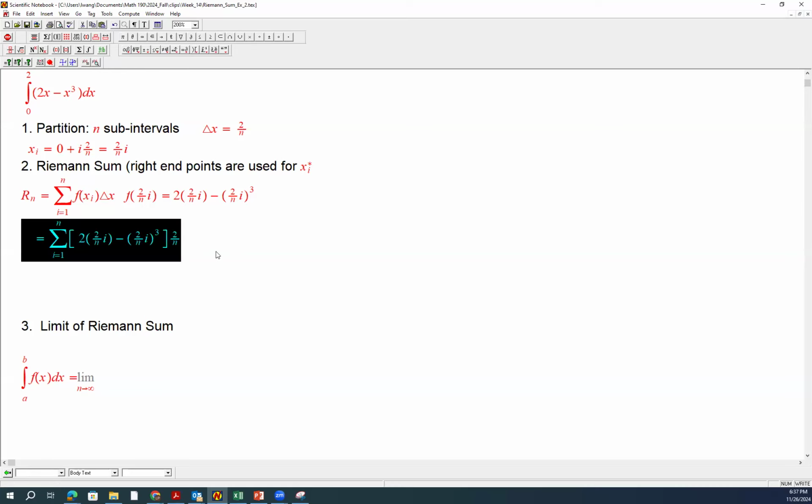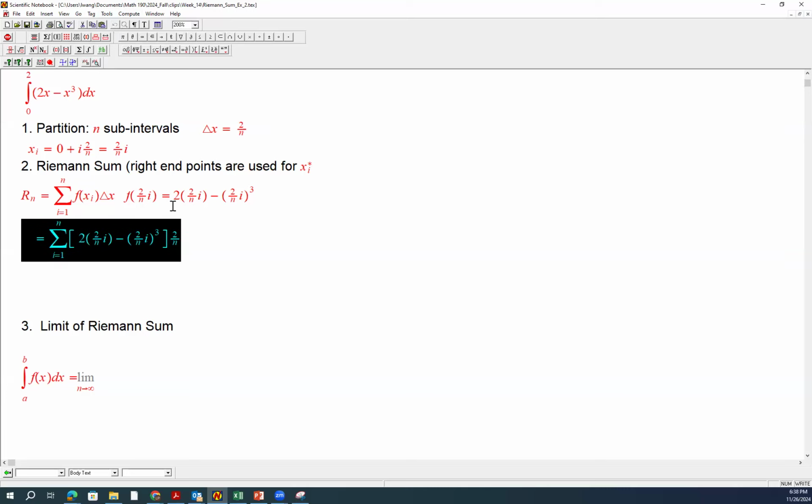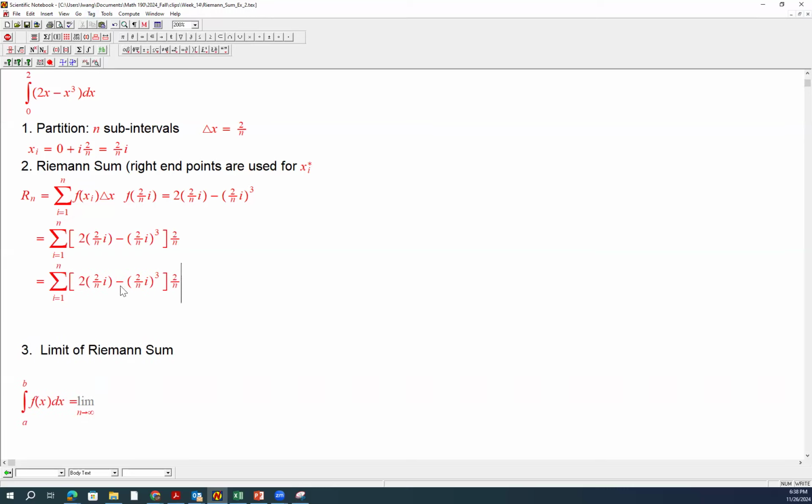Okay? And next, I'm just going to simplify, right? So 2 times 2 over n is 4 over n. The parentheses is not needed.